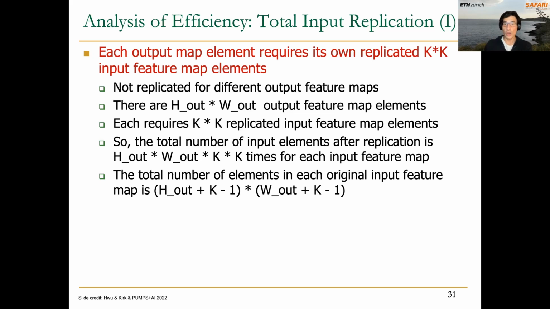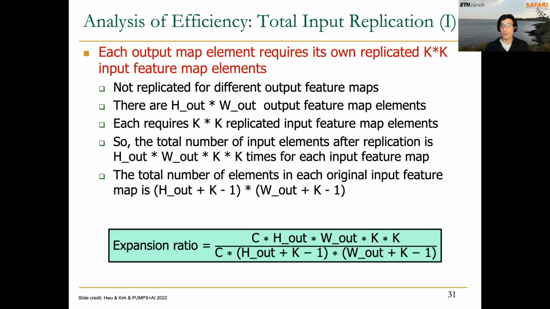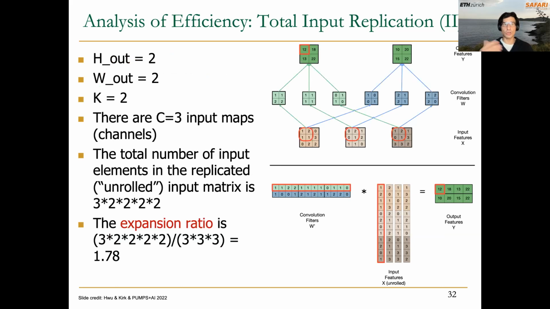As we see, we have more elements in the unrolled input feature map. This is what we call the expansion ratio: the ratio between the elements in the unrolled matrix of input features divided by the elements in the original input feature maps. In our example, where H out is 2, W out is 2, K is 2, and there are 3 input maps or 3 channels, the total number of input elements in the replicated unrolled matrix is 3 by 2 by 2 by 2 by 2.